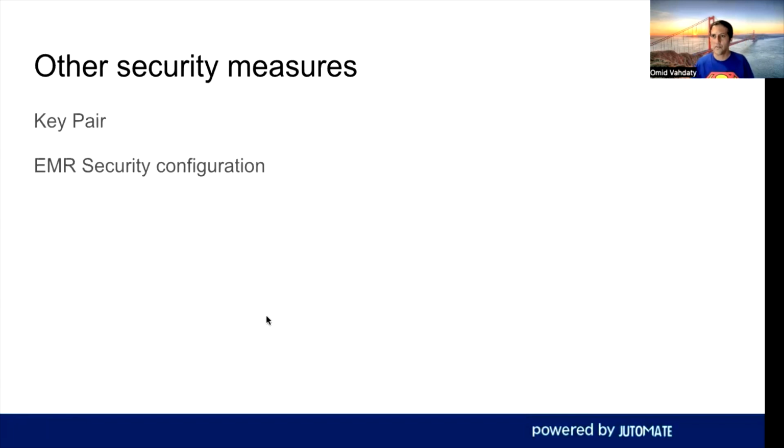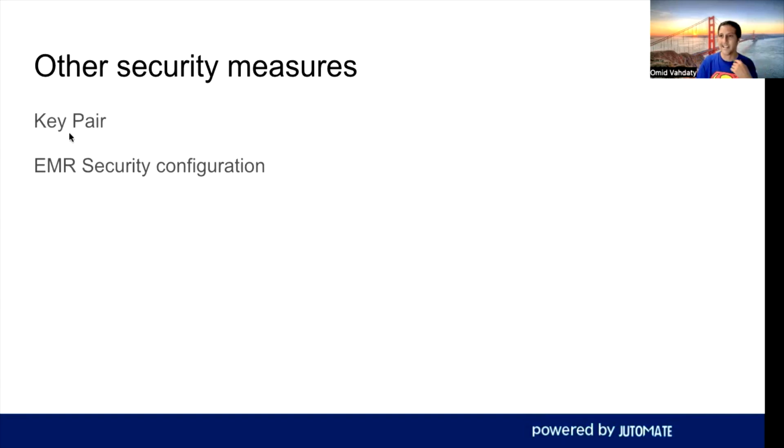Other security measures which are just as important: key pair. You can use a key to access your EMR clusters like any other EC2 machine, but you can choose not to use a key pair, meaning the cluster will be highly secure because you won't be able to access it.